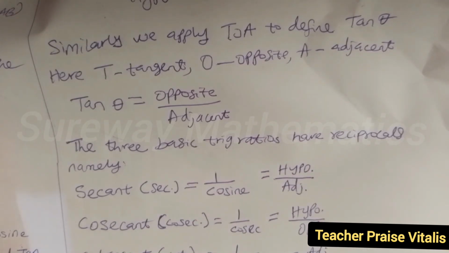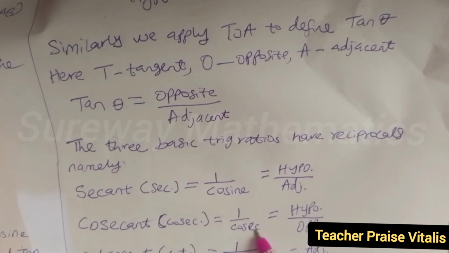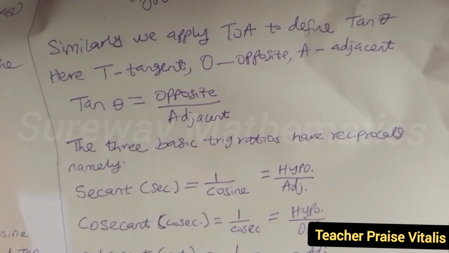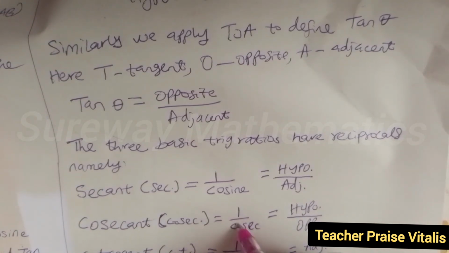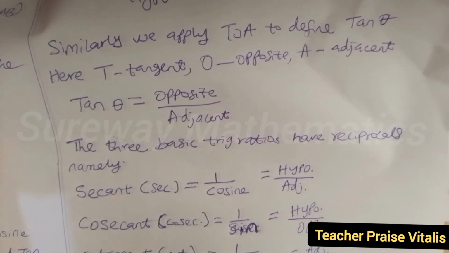The second one is cosecant, in short cosec, which equals 1 over sine. Now, we know that sine is opposite over hypotenuse.